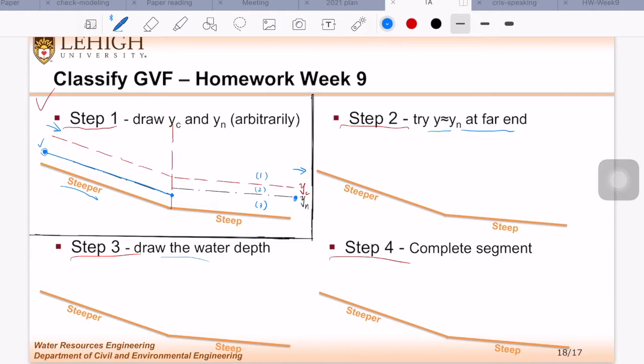At the fourth step, we need to complete the segment. Since we know for this point, the water depth is still less than the critical depth, so we will still walk downstream. And since we know this point is in the steep type 3 section, the water curve should go up and approach the normal depth.